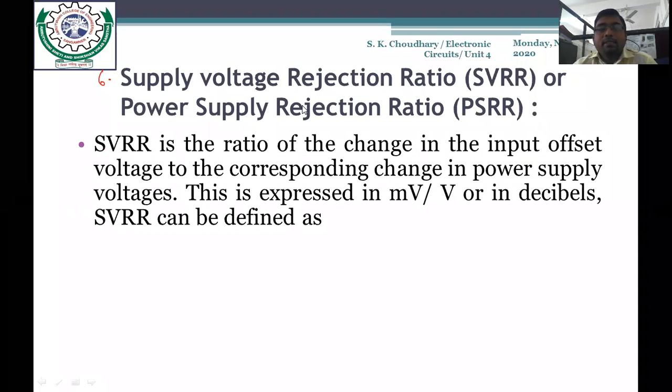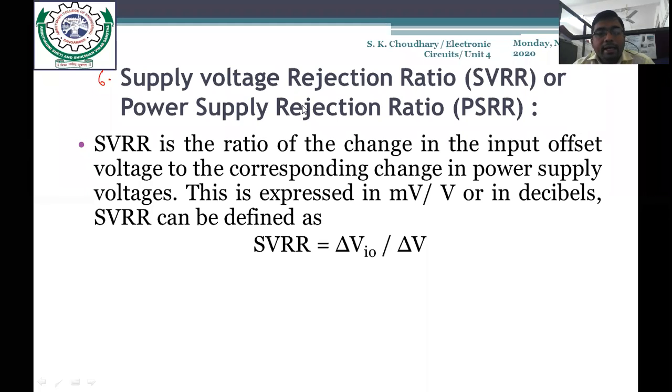The definition of supply voltage rejection ratio, SVRR or PSRR, is the ratio of change in input offset voltage to the corresponding change in the power supply voltage. It is expressed as millivolt per volt, or maybe in decibels.